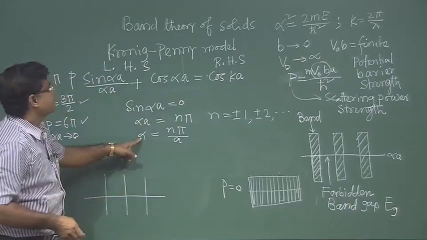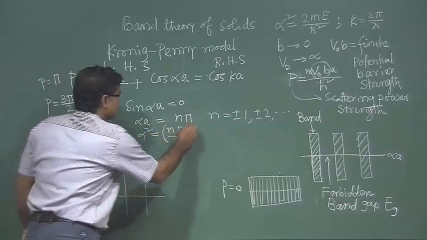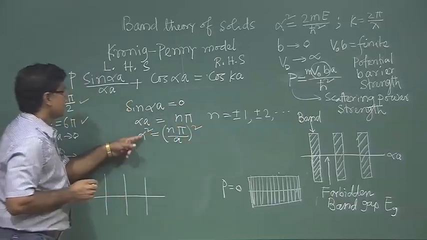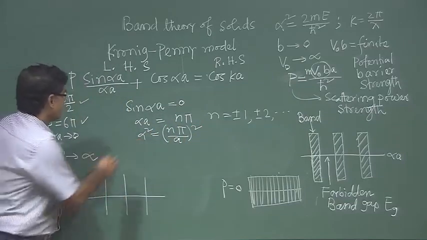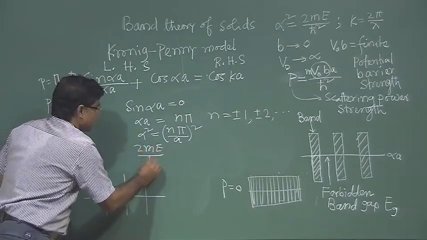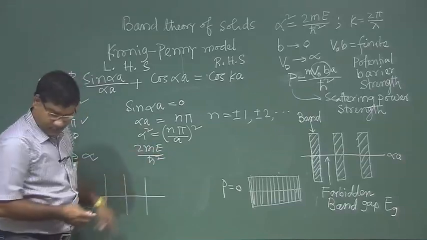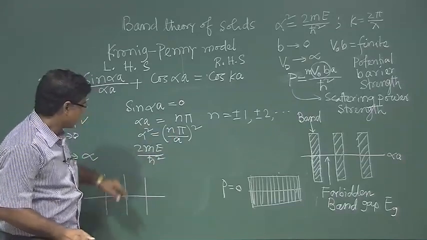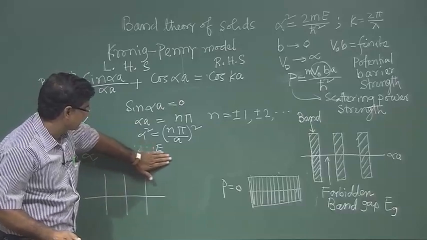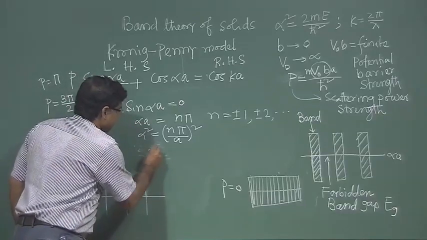If I square it, alpha square equal to 2 m E by h cross square.